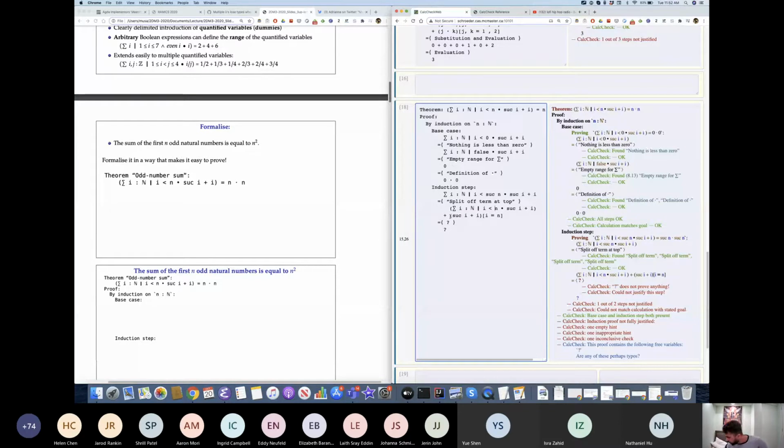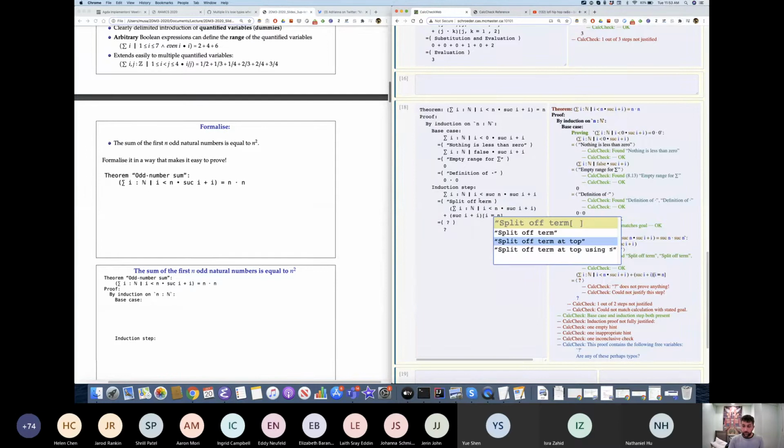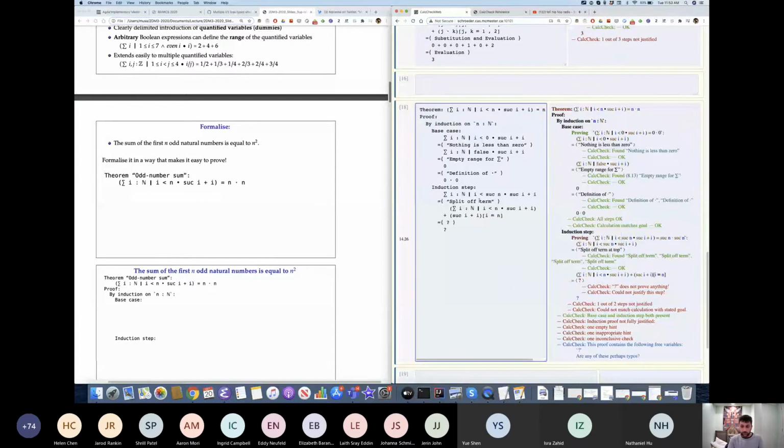Okie dokes. Why did you use "split off term at the top" and not just "split off term"? I was just emphasizing which form. If you look, you can also split off from the bottom. Right here I only have top available, but later on you'll see you can split off a term anywhere, not just at the top. We're showing you that one just to get you going. If I type in "split off term at" or just "split off term", it's fine.